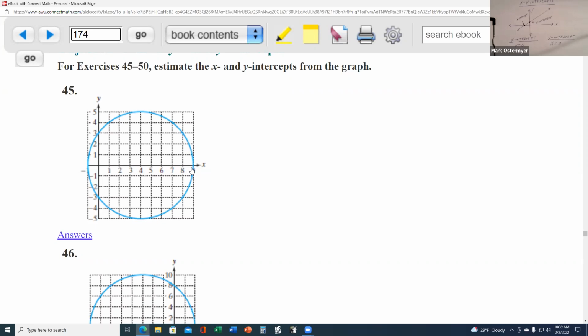Kennedy, can you give me the y-intercepts? Lauren, can you give me the y-intercepts? Peyton, can you give me the y-intercepts? Is it 3 and 3? 3 is one of them. You got that right. 0, 3. There's another one. What is it? Oh, 0, -3. Yeah, 0, -3 down there.